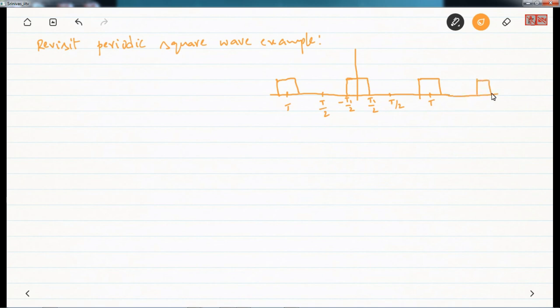So this is a periodic square wave x of t.